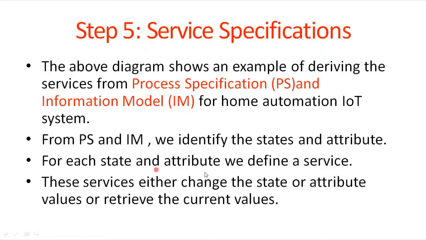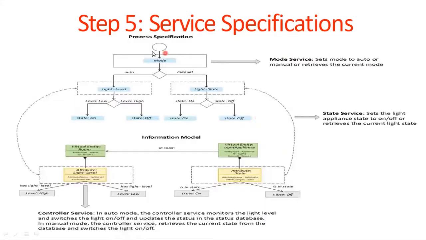For each state and attribute, you define the service. The rectangle indicates a state or attribute. For this particular state or attribute, you will define the service. For example, the mode service and then the light state service.